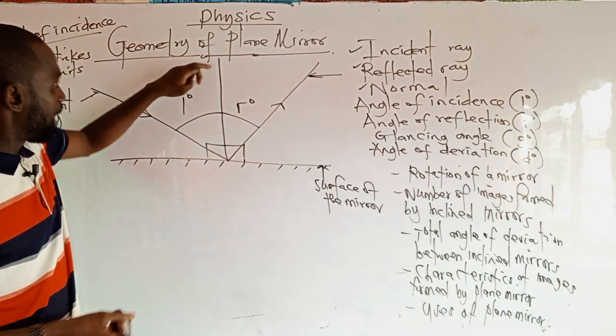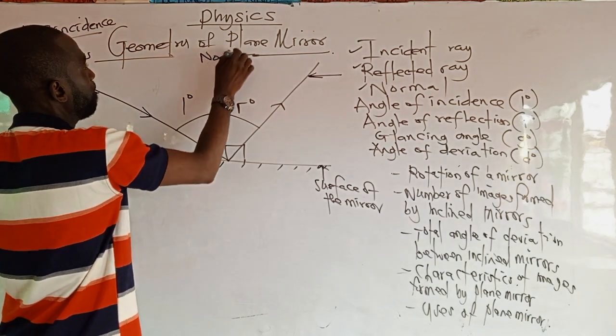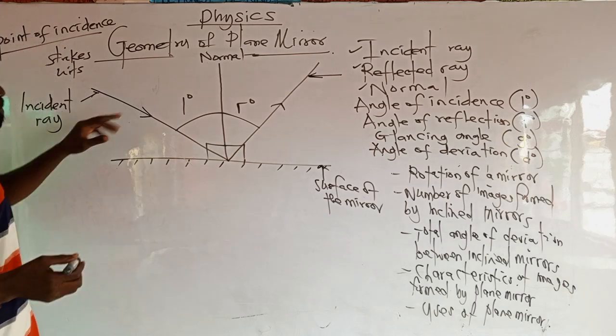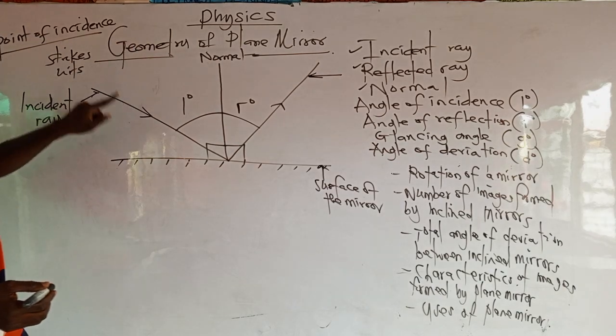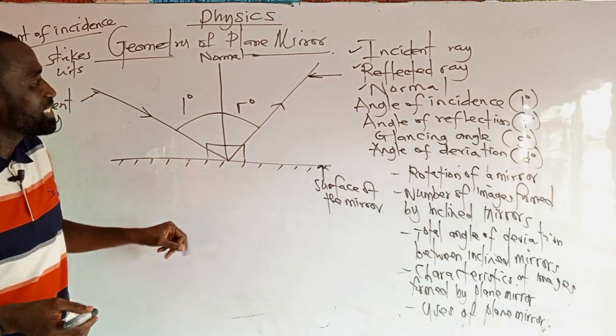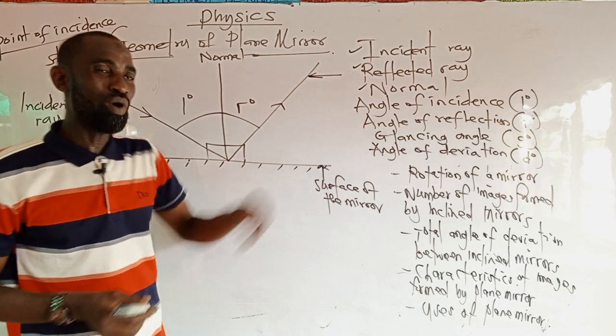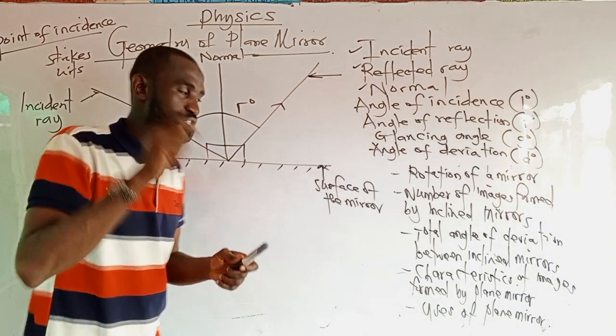This is our normal, class. So the angle between the normal and the incident ray is angle of incidence, and the angle between the normal and the reflected ray is angle of reflection.